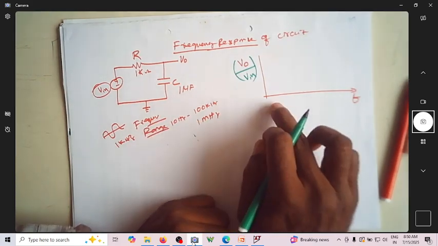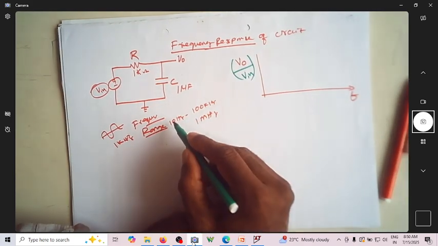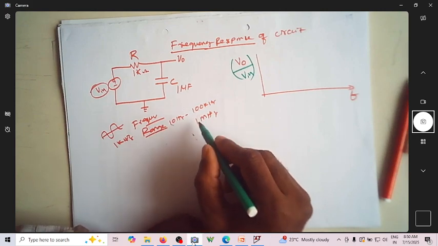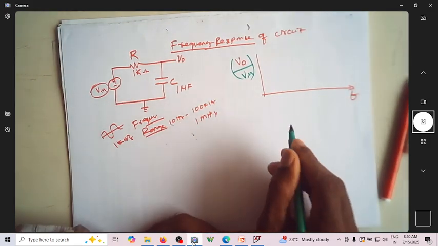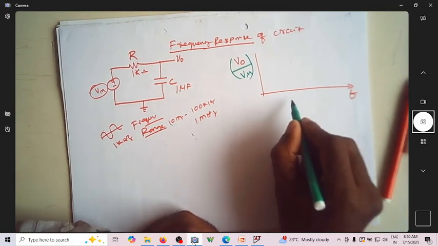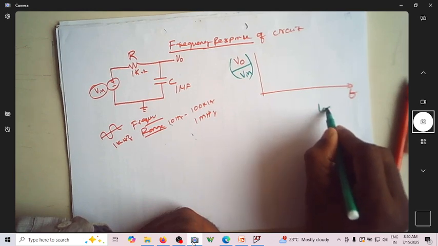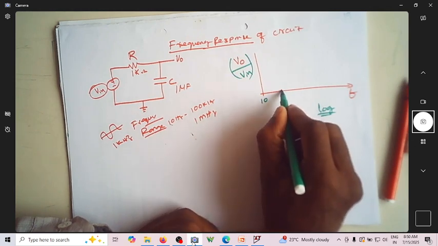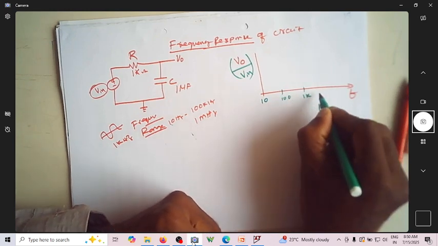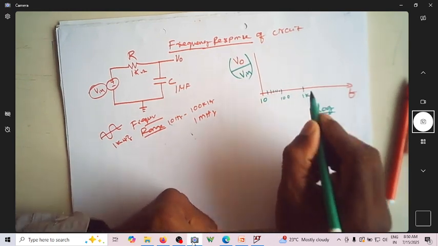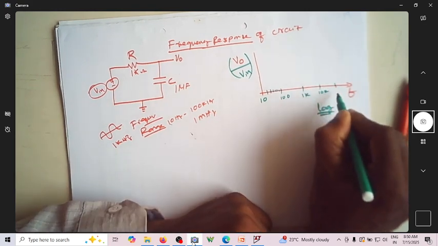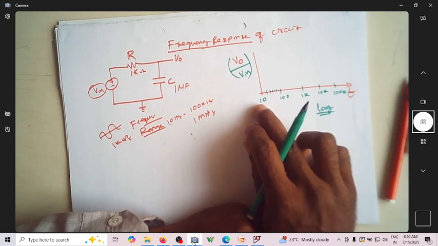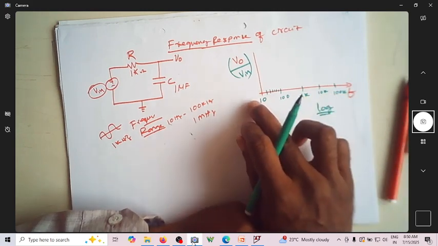Usually for frequency responses, you vary the frequency from maybe 10 hertz to 100 kilohertz or 1 megahertz, even larger frequencies. The horizontal scale is in log scale, meaning this is 10, next 100, then 1k, then 10k, then 100k. This is logarithmic variation. This is how you can accommodate very high frequency signals on this scale.